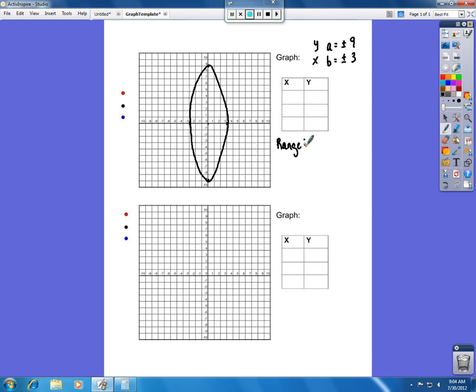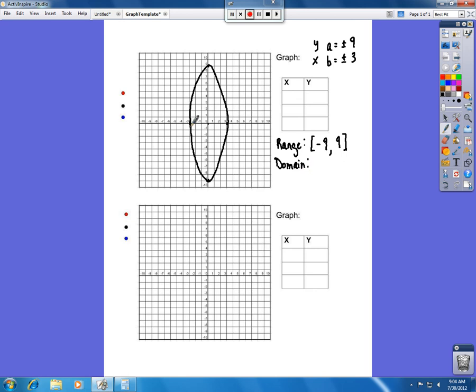Again, the range is all the possible y values that the graph can take on. So pretty much from endpoint to endpoint are the possible y values. So the range is going to be from -9 to +9, because those are the y values it can take on. Similar thing for the domain, except of course domain refers to the x values.